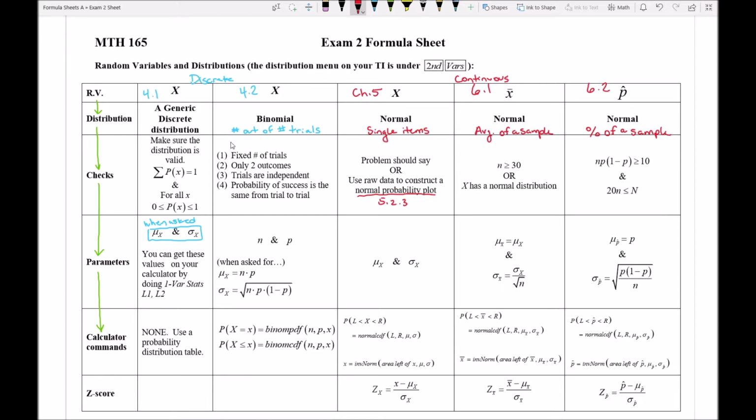So you can see that we've labeled pretty much all of our columns with the idea of what each of these specific distributions is used for. Understanding these is super important, because as I read through questions, I have to consistently figure out what sort of question I am being asked. For this section, p hat is the variable that we use when we're interested in measuring the percentage of a sample that might come out a certain way.